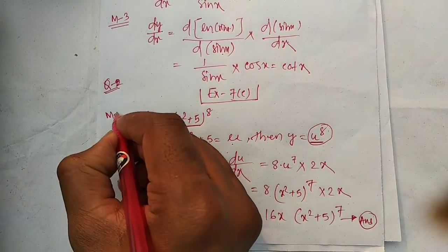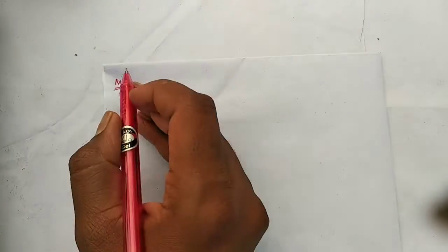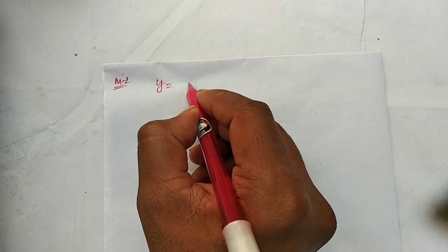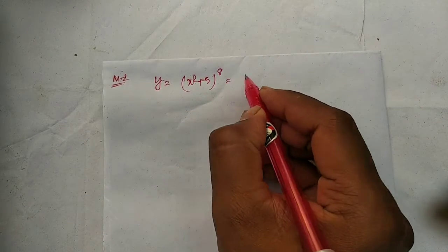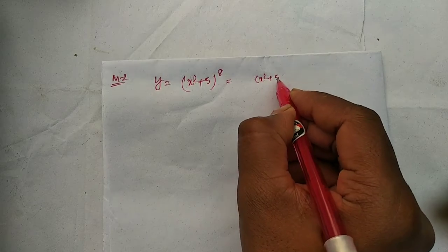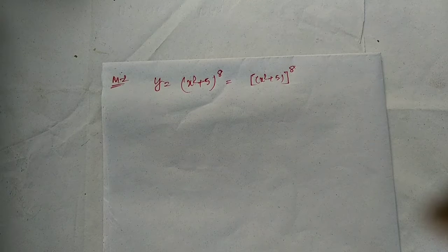This was method 1. In method 2, I am solving, just observe. Method 2, write the function first. What we have to do here is the bracket concept.